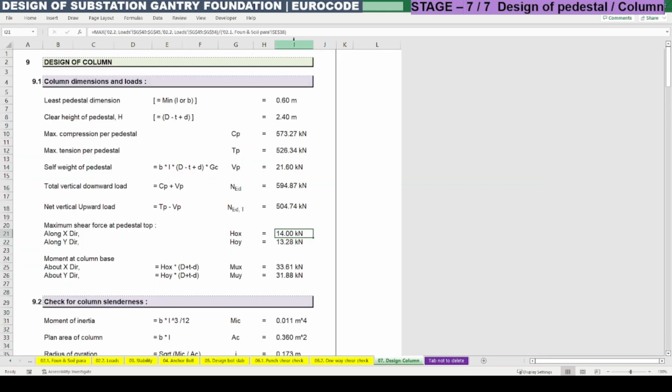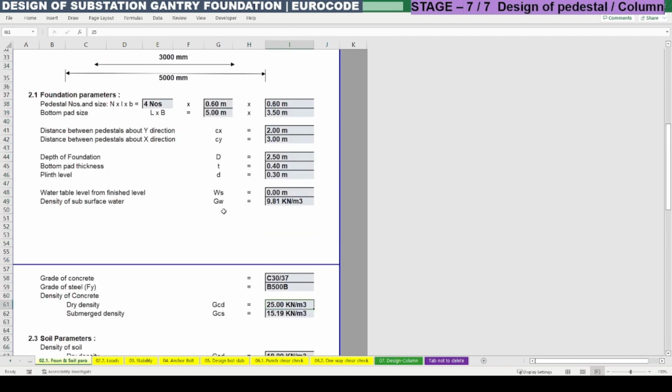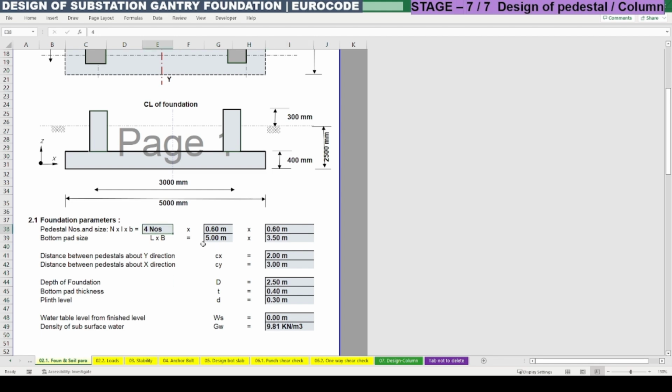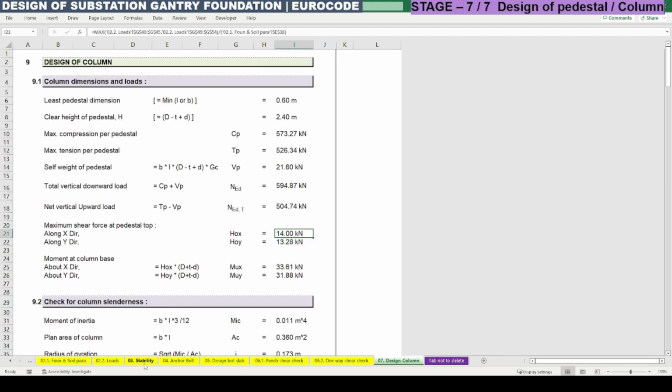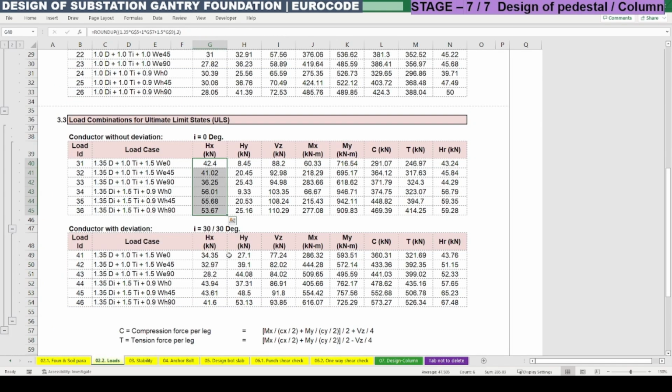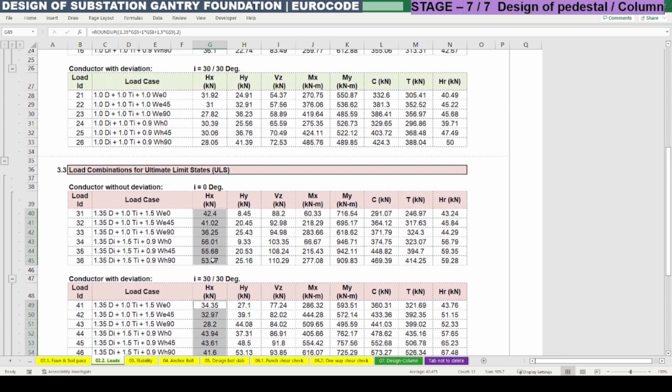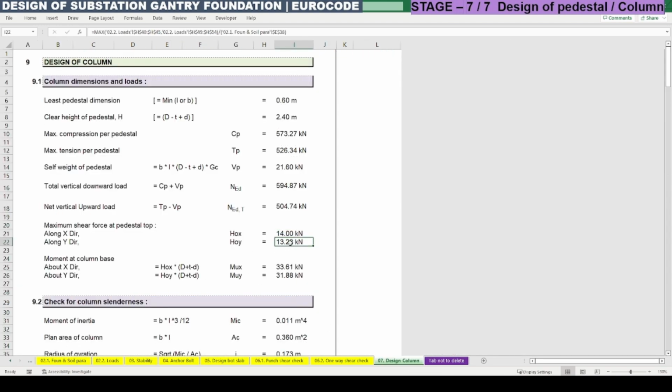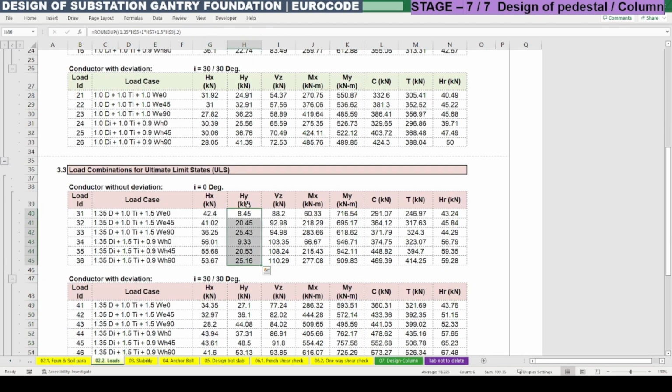So for a single pedestal, we just need to divide these by the number of pedestals for the foundation. We considered 4 pedestals in the stage 2 video. So these loads are to be divided by 4 to get the per column shear force. Both ways we need to find out.